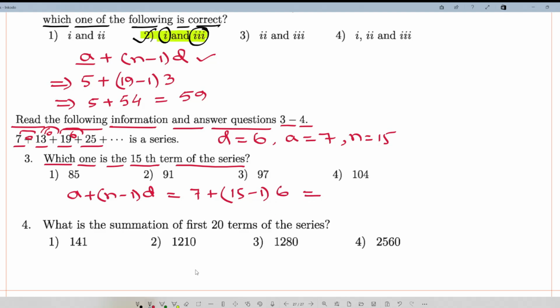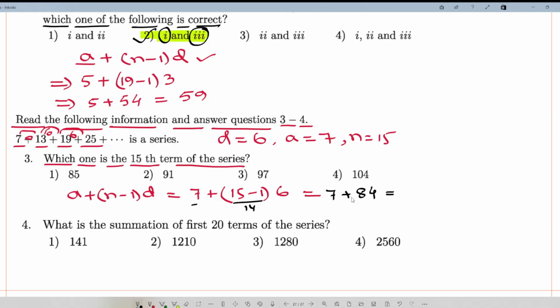So we can write 7 plus 15 minus 1, which is 14, times 6. 14 times 6 is 84, right?